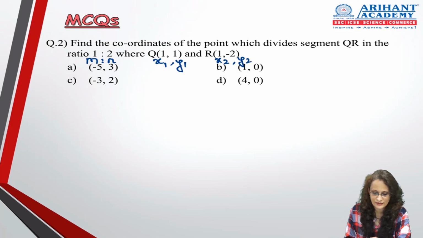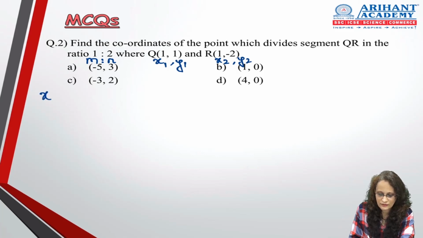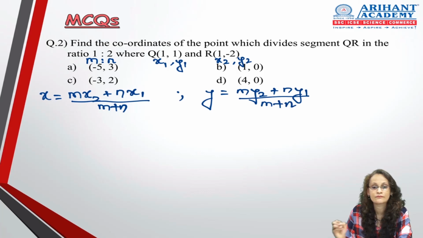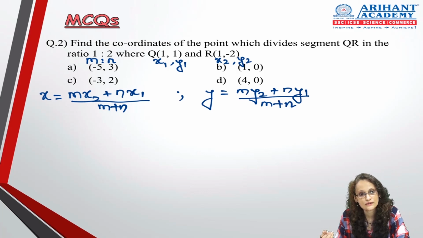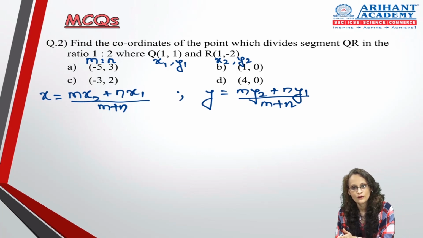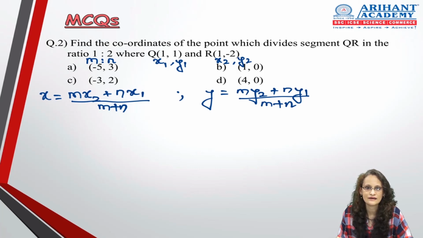Alright, so let's start off. So x will be nothing but mx2 plus nx1 upon m plus n, and y will be my2 plus ny1 upon m plus n. Now it's time to substitute the terms. Okay, so you have a choice. Either you complete all the x first, then you move to the y, or you do both simultaneously. Anyway, it doesn't matter.